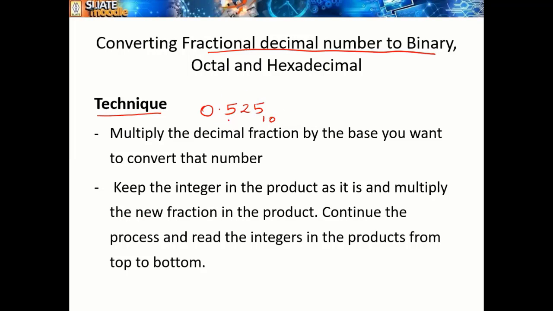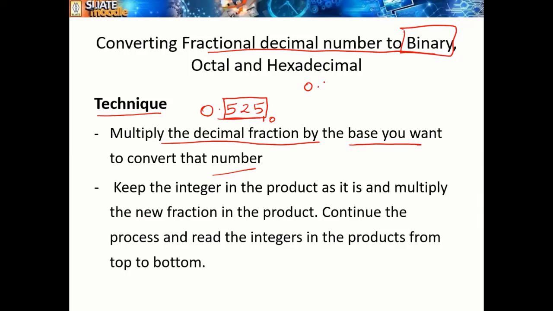What we mean by fraction is this: it's not a whole number, it is a decimal number. If you want to convert this kind of fractional number to binary, the method is the same. First, multiply the decimal fraction, that is here, by the base you want to convert to.